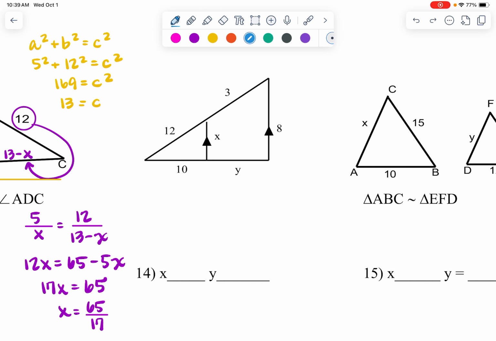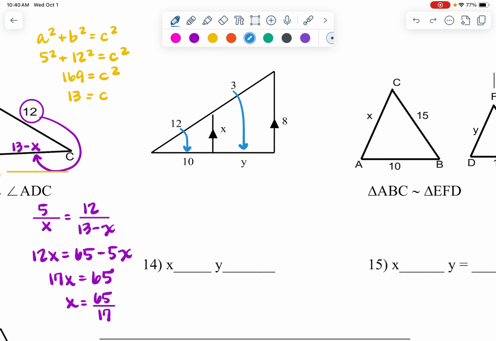I am going to go ahead and use partial sides this time, because 12 is a whole side and 10 is a whole side, but 3 is a partial, and so is y. So as long as I'm doing whole is to whole as partial is to partial, that is consistent. Or you can do whole is to partial as whole is to partial. It doesn't matter, we'll all end up with the same answer.